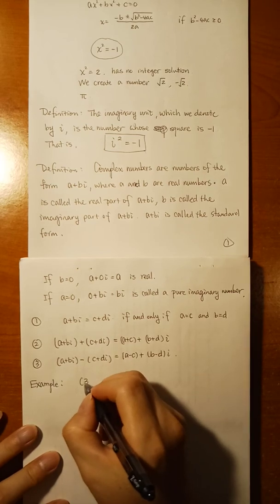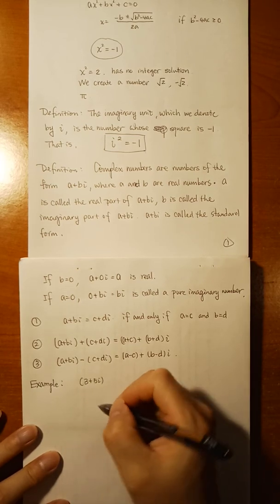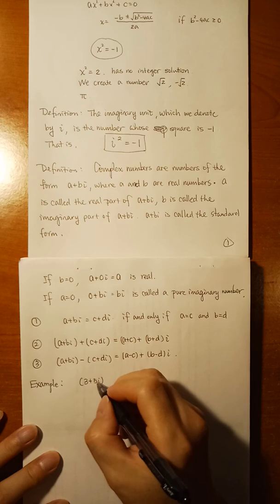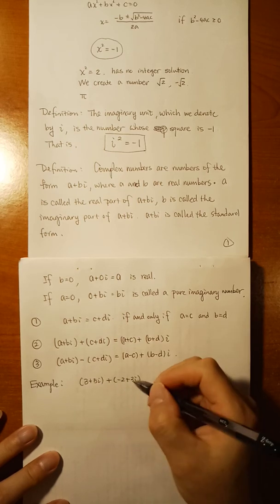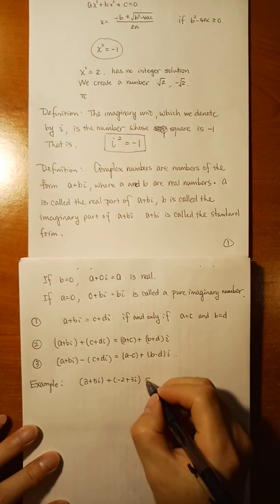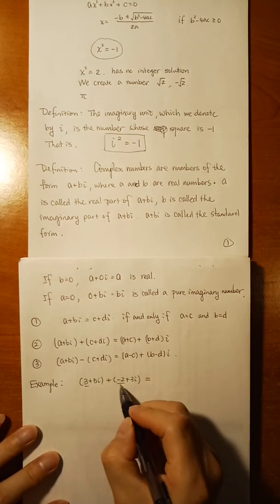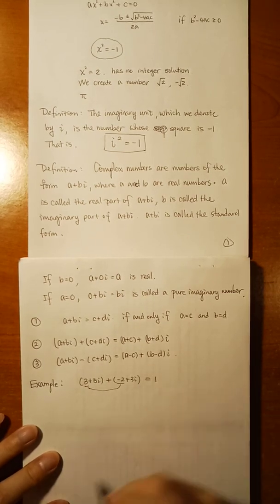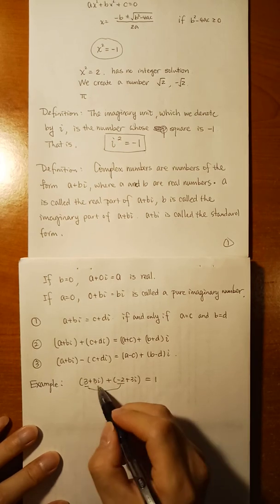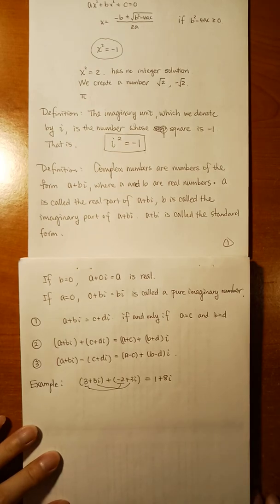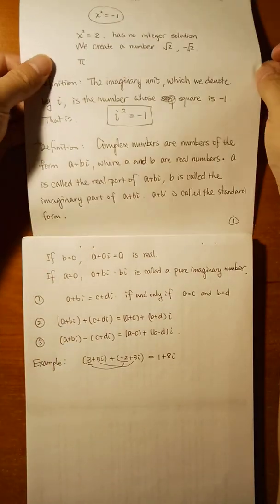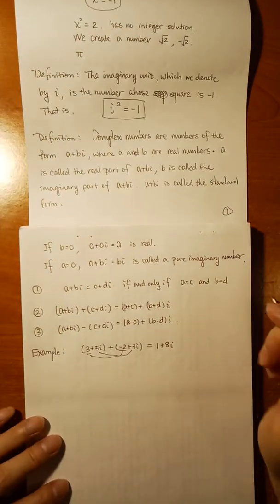So assume you have 3 plus 5i, this complex number, plus negative 2 plus 3i. If we do addition, just add 3 and negative 2, so you get 1. You add 5 with 3, you get 8. So that's 1 plus 8i.